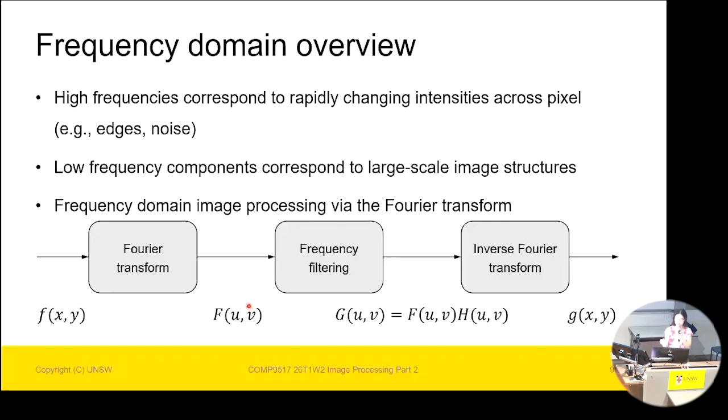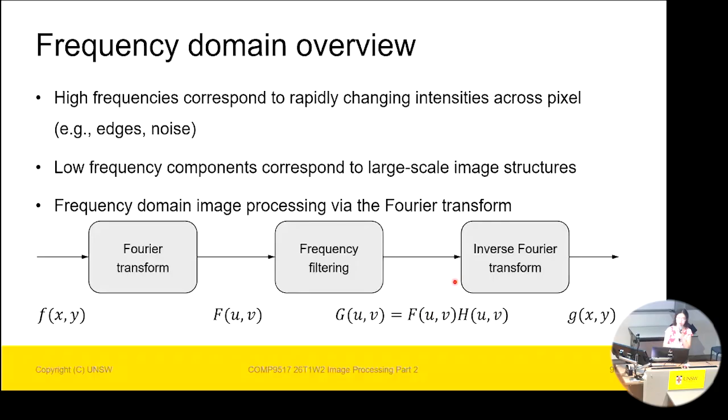But if we just use this typical pipeline, you might ask why we want to do this. Why not just do it in the spatial domain? Because this is kind of difficult to understand, even the intuition for why we are doing this. The main advantage is really about reducing the complexity of the filtering.